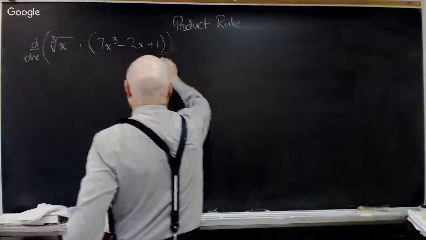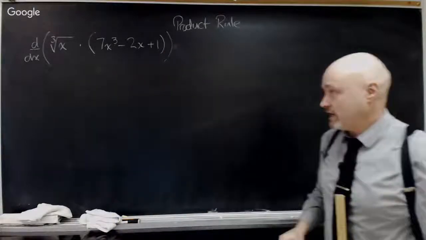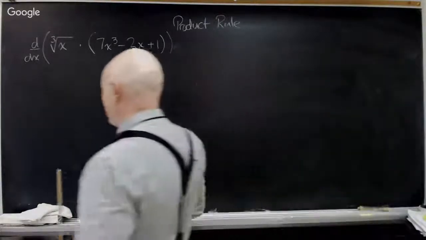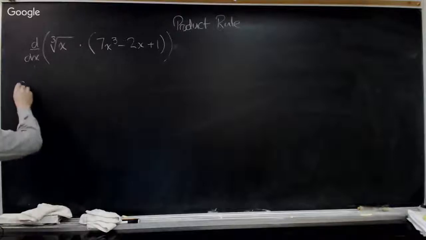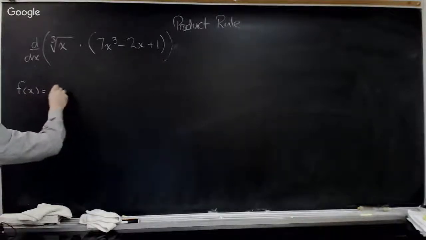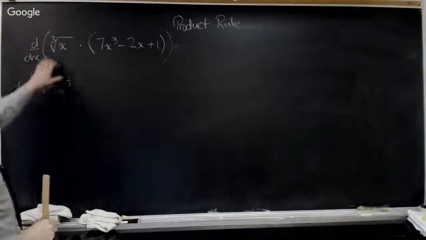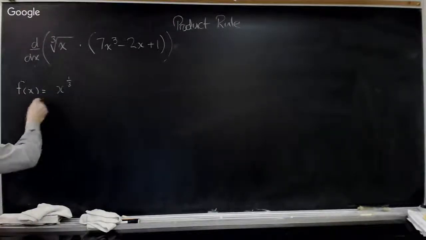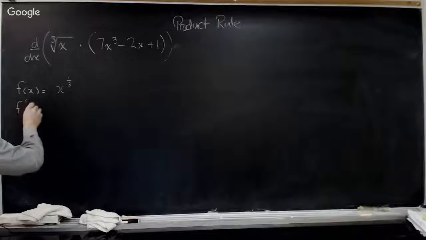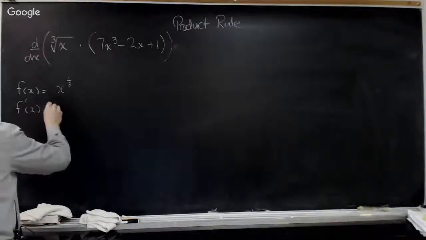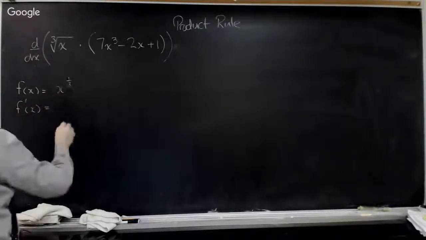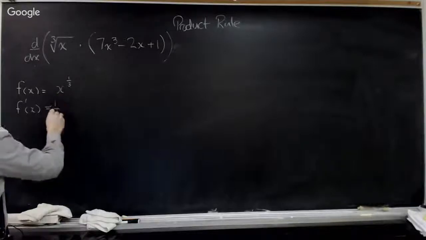So we're taking the derivative with respect to x of that expression. And so f at x, I'm just going to write as x to the exponent 1/3, because that little 3 inside the surd means cube root, or x to the exponent 1/3.